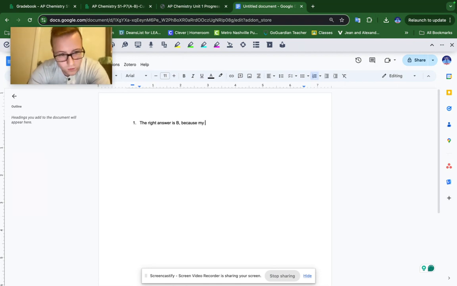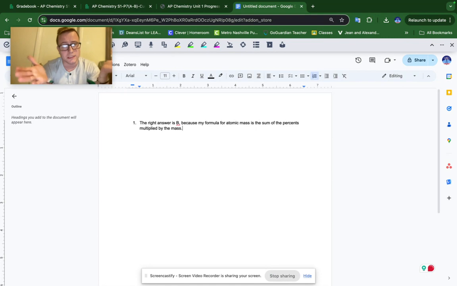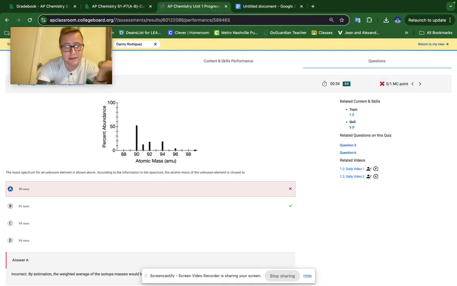Because my formula for atomic mass is the AMU is the sum of the percents multiplied by the mass. Okay, quick explanation. And honestly, these give you the explanation.